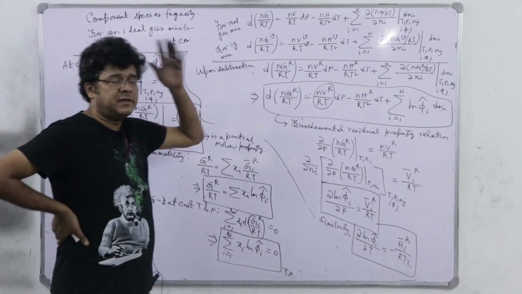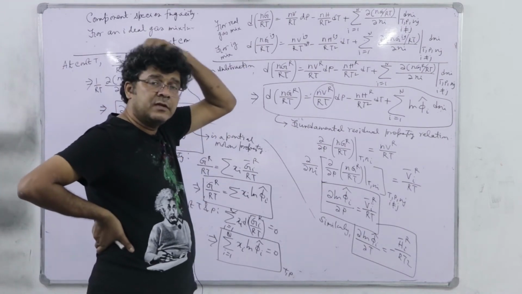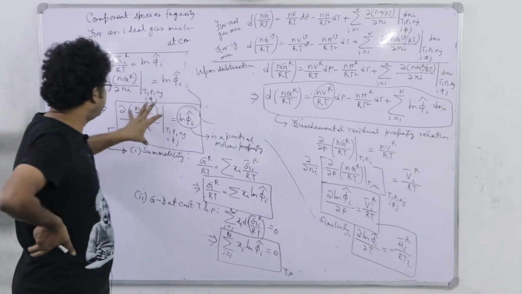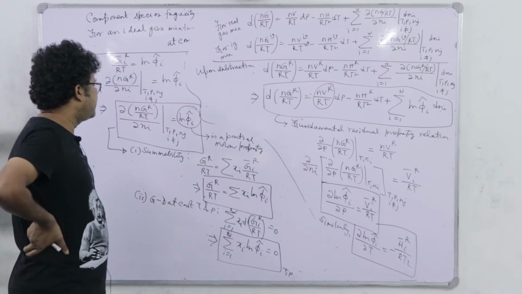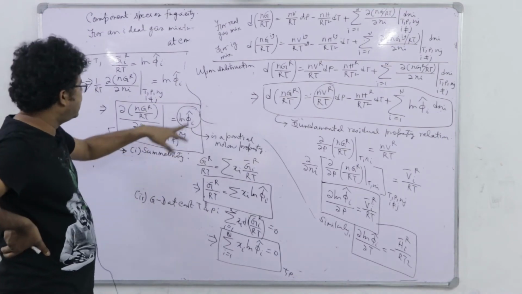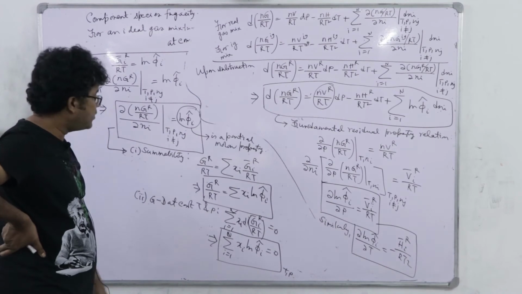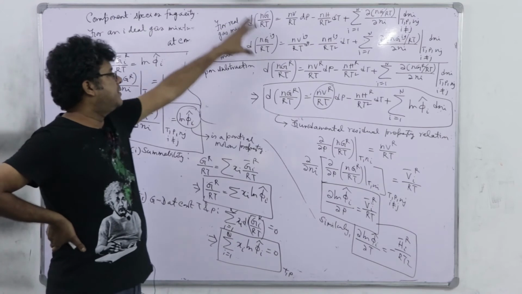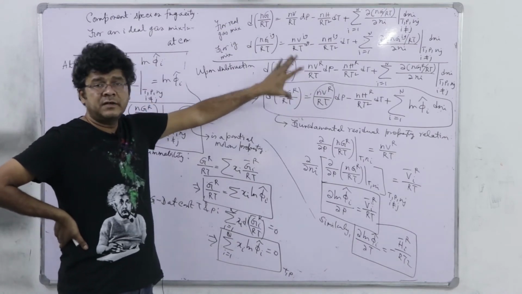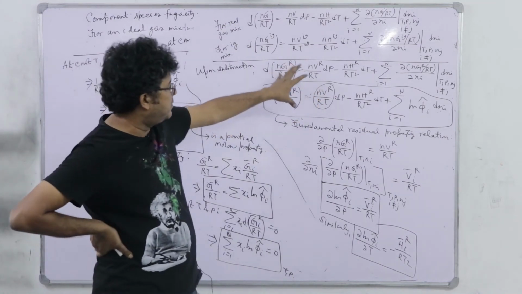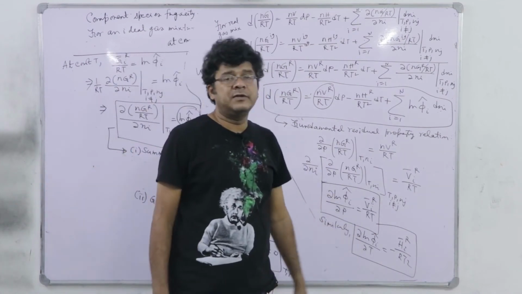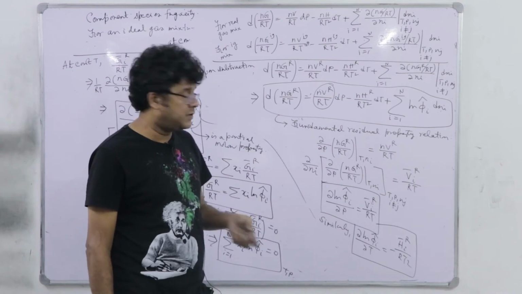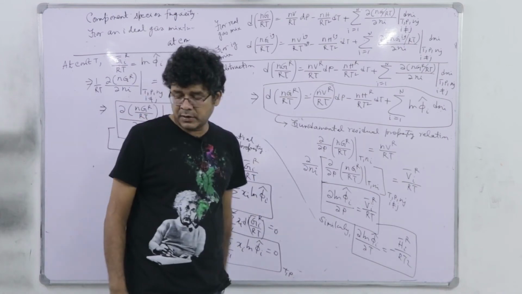We started from this definition, established the first principle definition here, and from there concluded that ln phi i cap is a partial molar property, not phi i cap singly. So it satisfies summability and Gibbs-Duhem. From there we solved for the fundamental residual property relationship, and also from it how phi i cap changes with pressure and temperature. That has been solved.